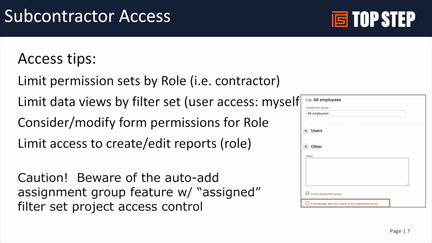Maybe we don't want them to be able to see projects. We don't want them to be able to see invoicing information. So between the role, the filter set, and the access module permissions, you can craft a very limited role for a contractor to log in, where they can only do what you need them to do, which generally is enter time and potentially enter expenses.